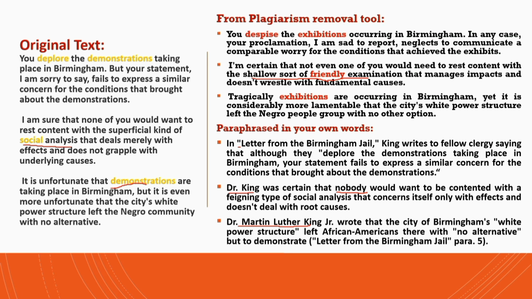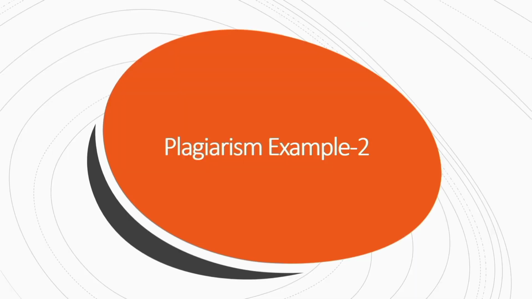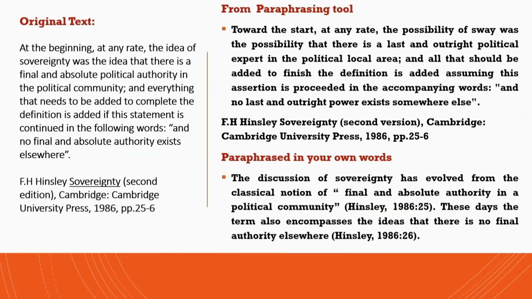Dr. Martin Luther King Jr. wrote that the city of Birmingham's white power structure left African Americans there with no alternative but to demonstrate. And we can add the citation as well. If we know that Martin Luther King wrote this letter from Birmingham jail, we refer this paragraph to that letter. We can take another example and you can easily spot plagiarism.